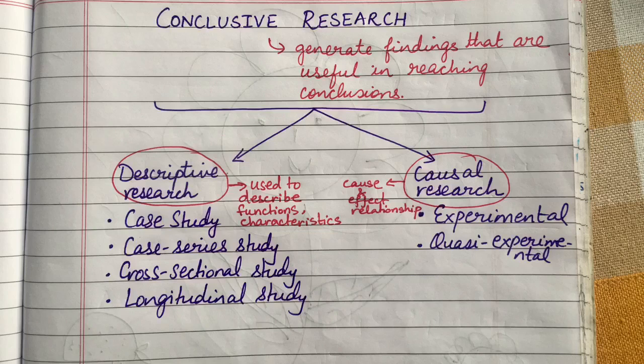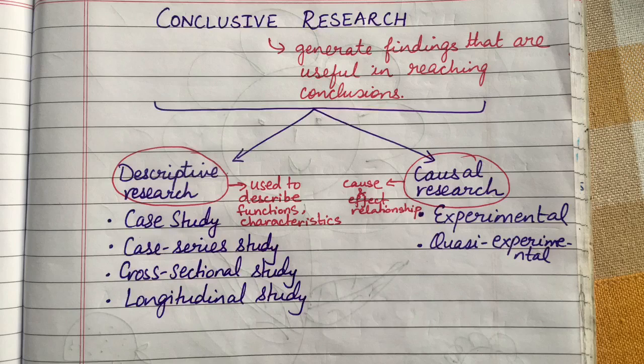Conclusive research design can be divided into two categories: descriptive research and causal research. Descriptive research is used to describe some functions, characteristics, or phenomenon. As the word descriptive implies, it is describing the functions, the characteristics, or the phenomenon. This also can be further divided into case study, case series study, cross-sectional study, and longitudinal study.